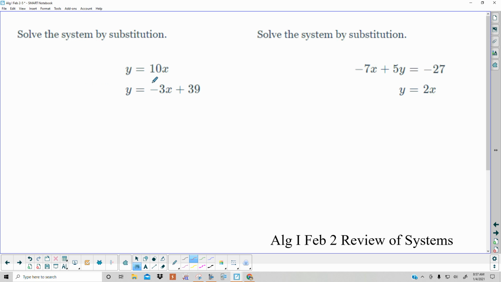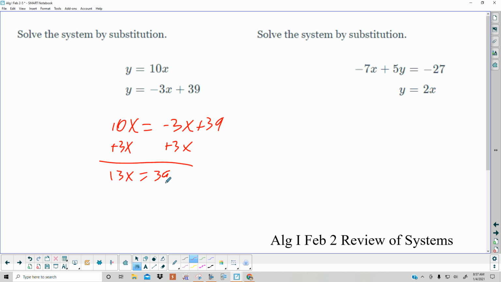Solving by substitution. Remember, they're both solved equal to y. You set them equal to each other and solve for x. So I'm going to add the 3x over. So I get 13x is equal to 39, divide by 13, and I get x is equal to 3. Now remember, they're looking for a coordinate.